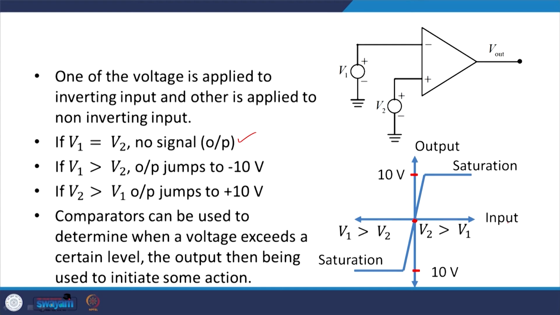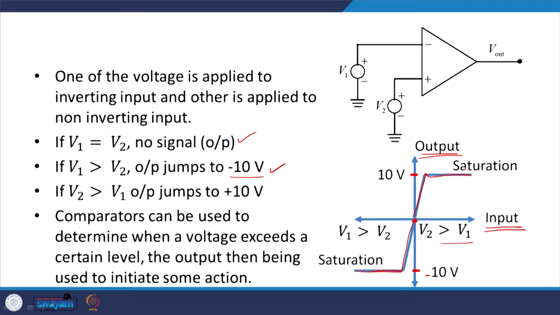Here I have plotted input versus output. If V1 is greater than V2, the output jumps to say the minus 10 volt range, where there is saturation. And if V2 is greater than V1, it jumps to the other side, to plus 10 volt.